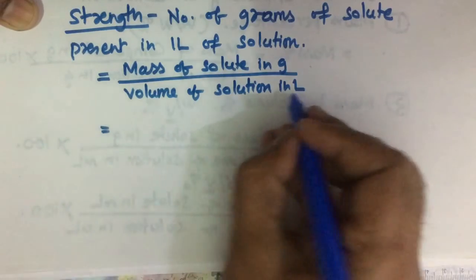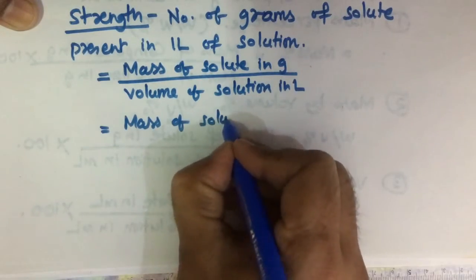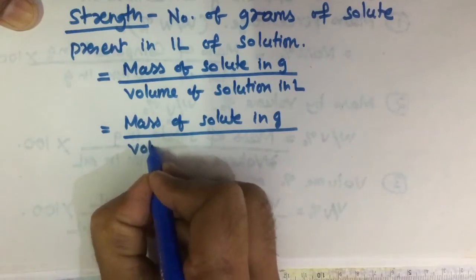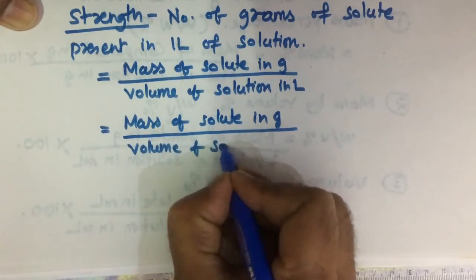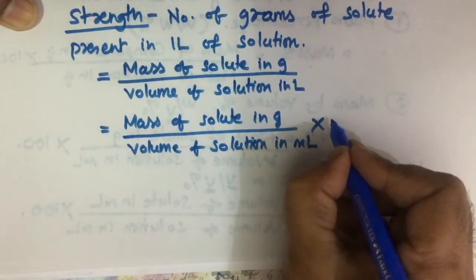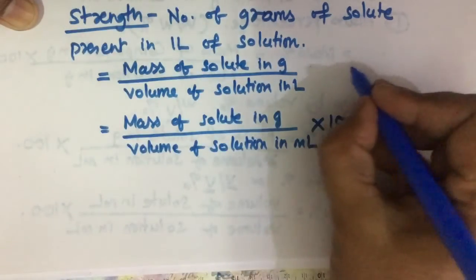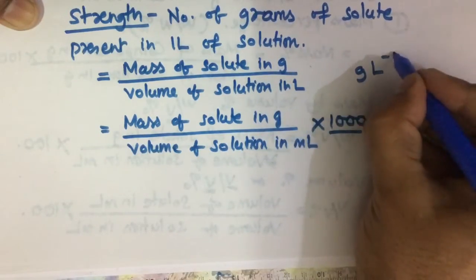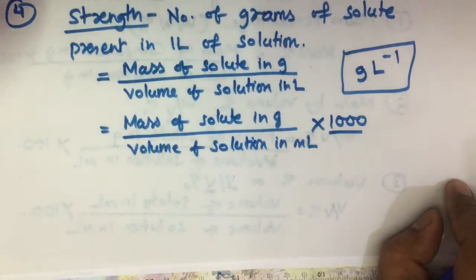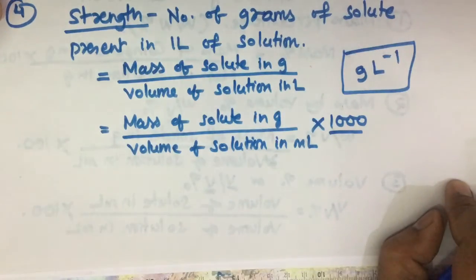Or if the volume is given in milliliters, then mass of solute in grams upon volume of solution in milliliters multiplied by 1000. The strength always comes in the units of grams per liter. Unit of strength is gram per liter. So we have studied 4 types of methods of expressing concentration.